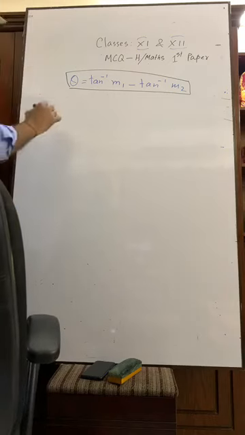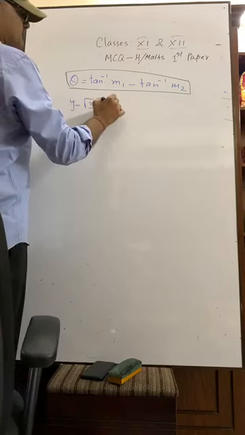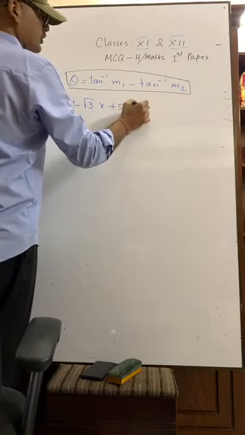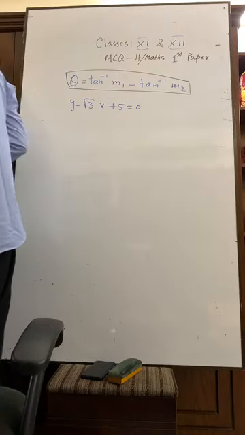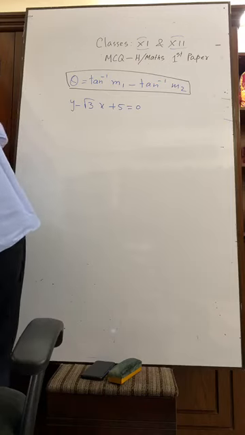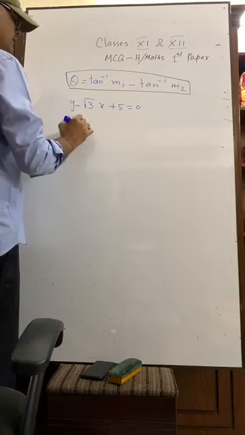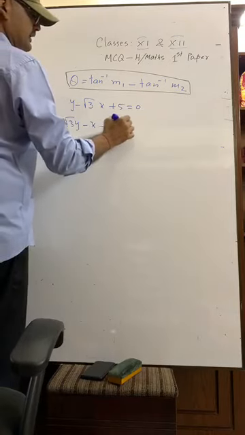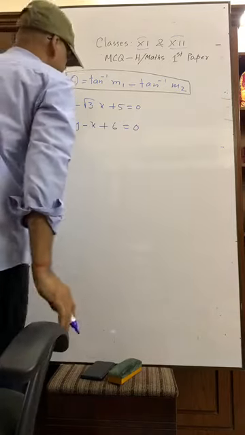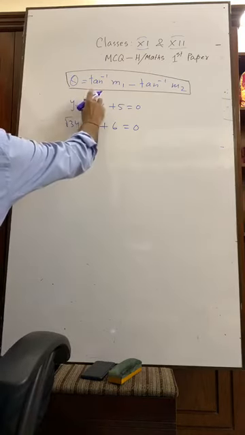Suppose two equations are given: y minus root 3 x plus 5 equals 0 and root 3 y minus x plus 6 equals 0.